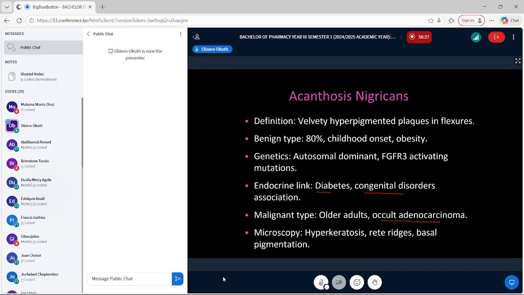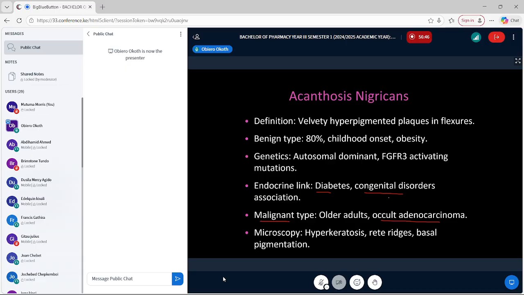It could be a sign that they're having a gastric carcinoma. Yes. So again, it could be a carcinoma.